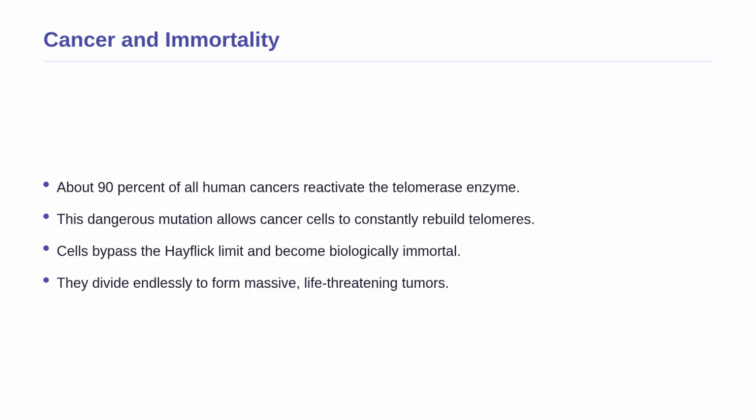It allows cancer cells to constantly rebuild their telomeres after every division. Because their telomeres never reach that critical short length, these cancer cells completely bypass the Hayflick limit. They become biologically immortal, capable of dividing endlessly to form massive, life-threatening tumors. Understanding this is key to modern cancer research.